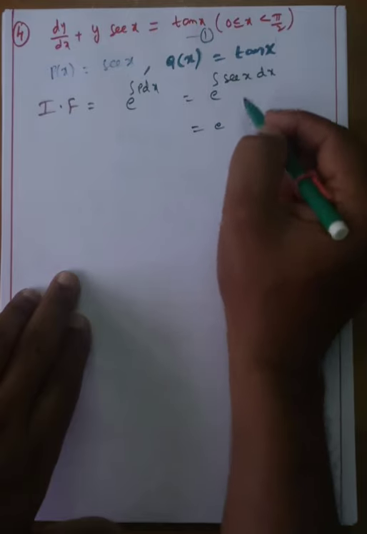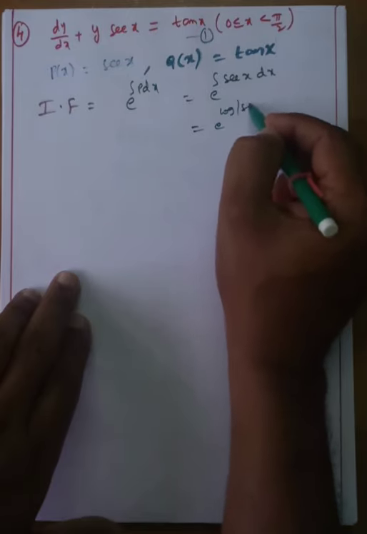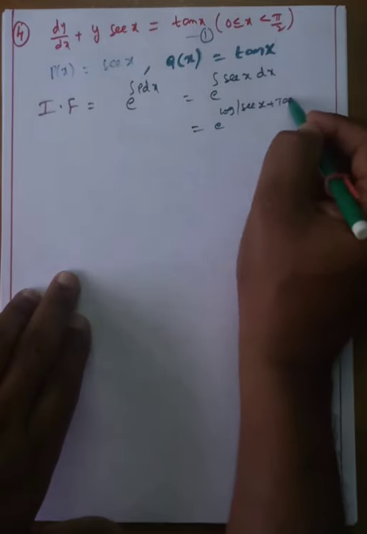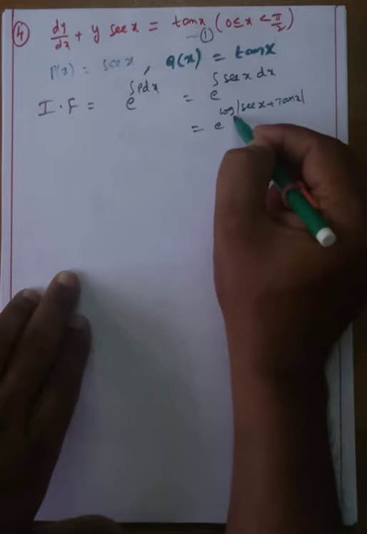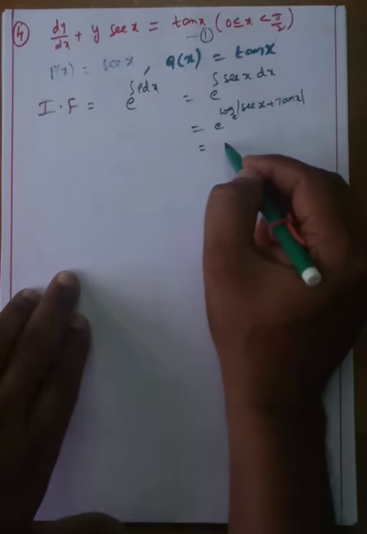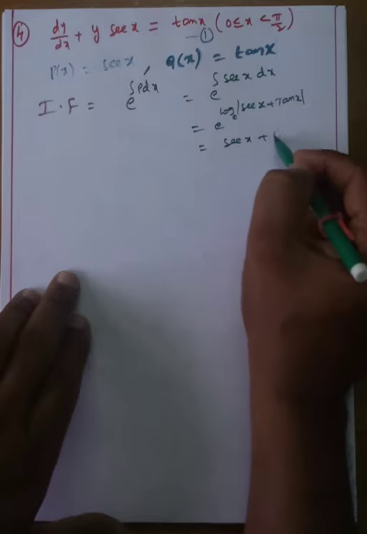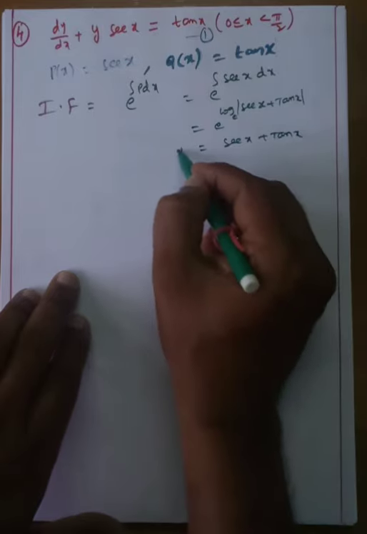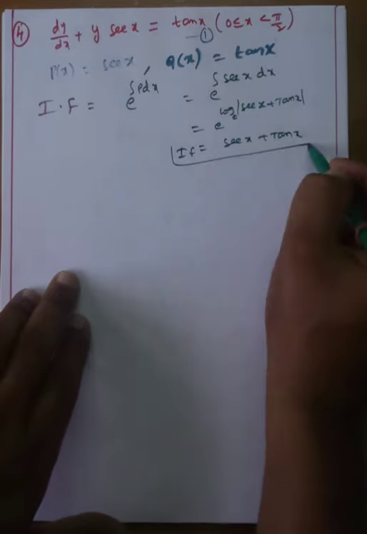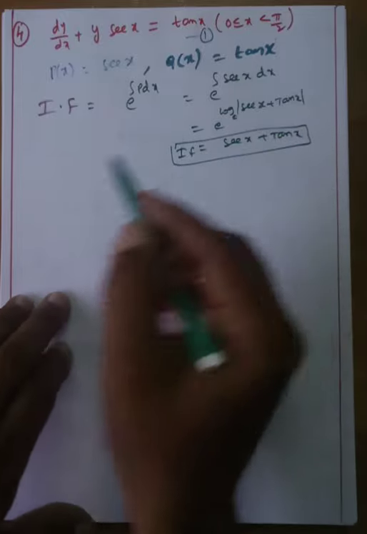E power integral of secant x means e power log mod secant x plus tan x. Here base e is there, e cancels. What is that? Secant x plus tan x. This is the integrating factor.